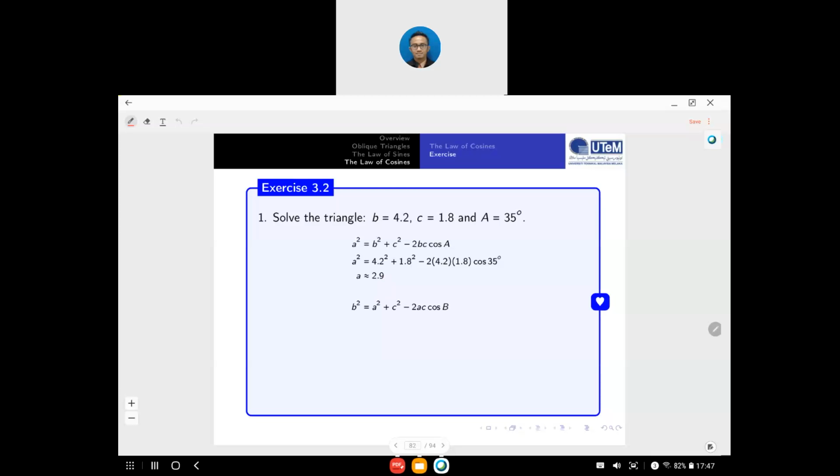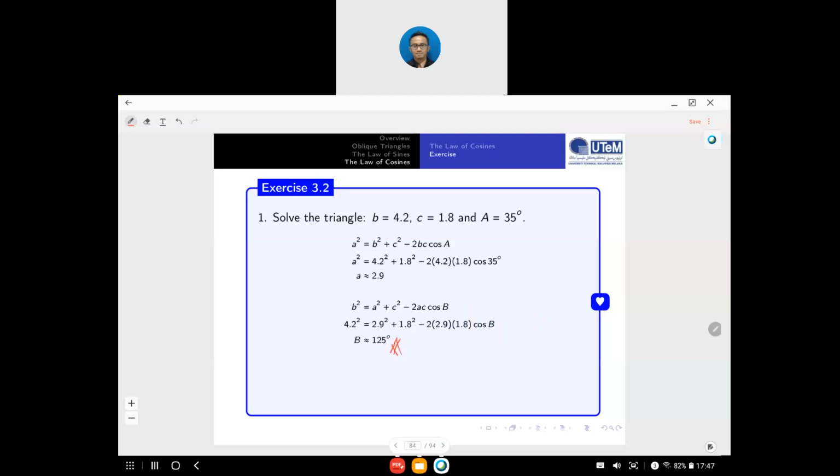And then we can find the angle B. The length b is already given, but you can find cos B, so the angle B. By substituting all the values given, we get 4.2 squared equals 2.9 squared plus 1.8 squared minus 2 times 2.9 times 1.8 cos B. So we can get the value of B, whereby B equals 125 degrees.